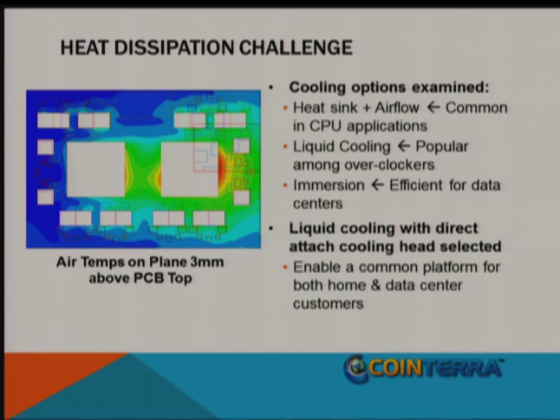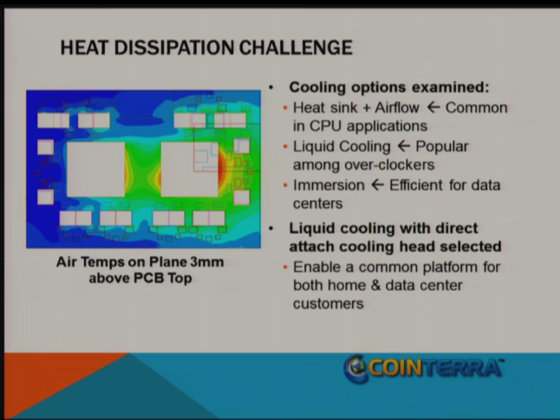Because we wanted a common solution for individual consumers as well as data centers, and we also wanted to minimize our development cost, we chose the liquid cooling solution for our system.